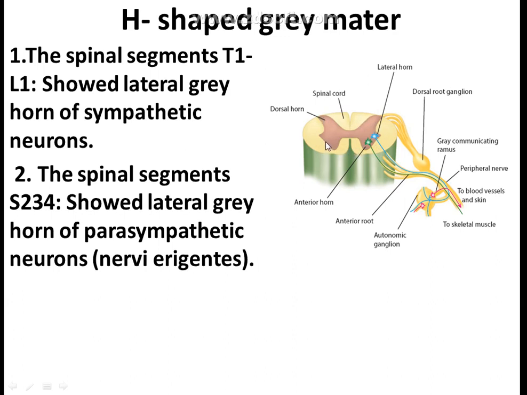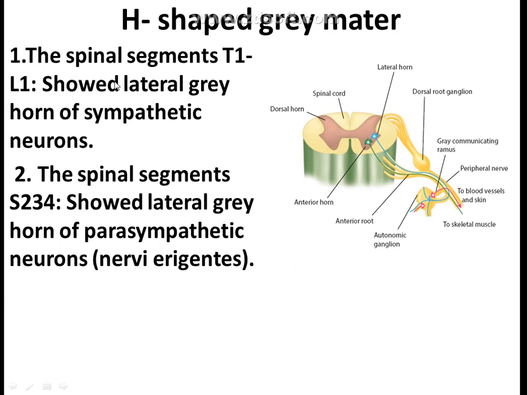But in some regions or some segments of the spinal cord, if you have a transverse section, you will have, in addition to the ventral motor horn and the dorsal sensory horn, a lateral horn laterally. The regions where you will see a lateral horn in transverse section are the following.